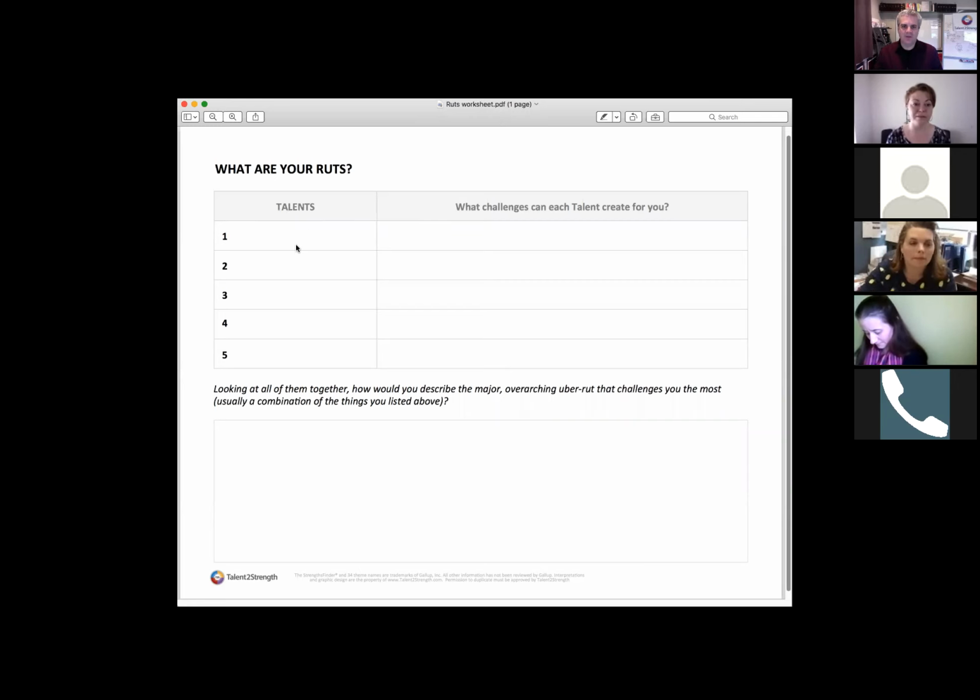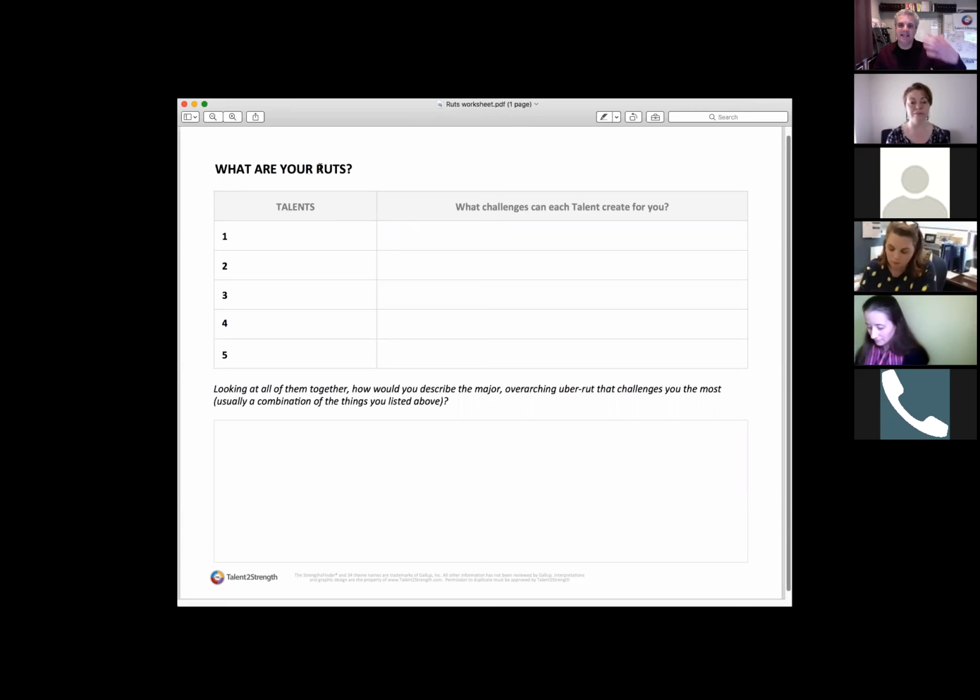Yeah, I have it up on the screen, the Ruts worksheet. And the idea here was to kind of look at this. You know, we never want to start with this, by the way. We don't want to just jump right into Ruts. Felinda mentioned last time, however, that people often recognize their themes if they haven't connected with their themes. Sometimes it's the rut side of things that allows them to connect with it.